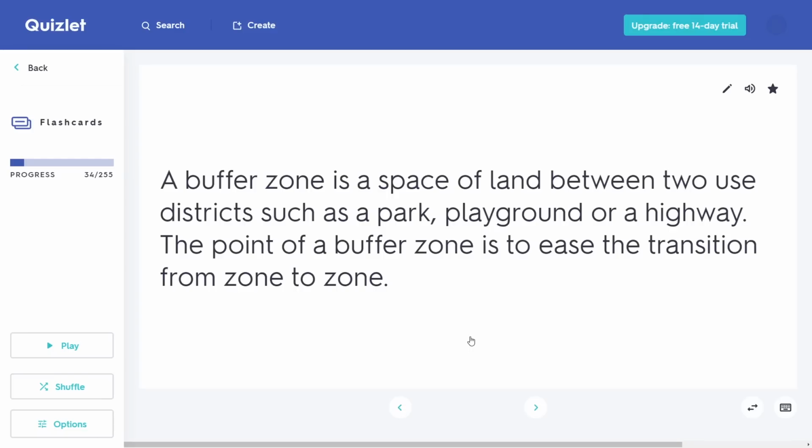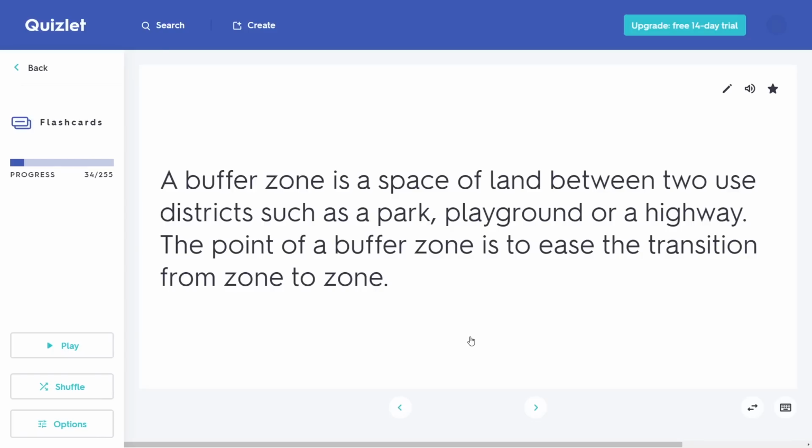Let's say there's a big residential area, and there's like tons of houses, but there's this big open area in between it. And then on the other side, there's tons of commercial properties. So maybe, like a Walmart, Lowe's, things like that. Well, in between, that would be the buffer zone. And they could put things like a playground or a park.